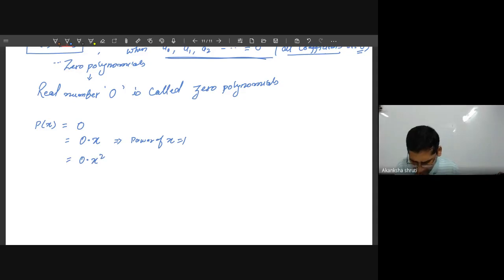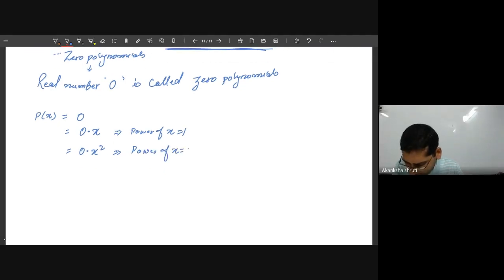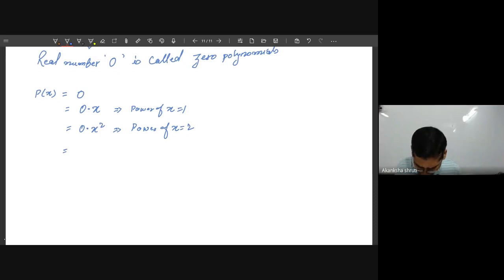Can I write this 0 as 0 into x square? This time it will give the power of x equal to 2. You may write this 0 into x to any power. That creates a confusion or ambiguity. Which power of x shall we take?